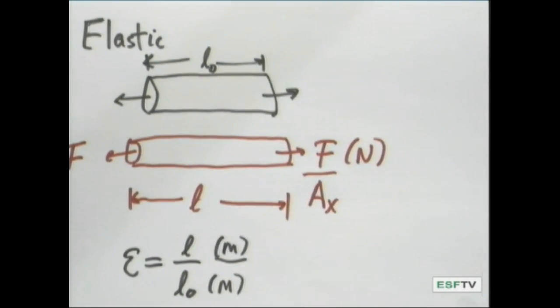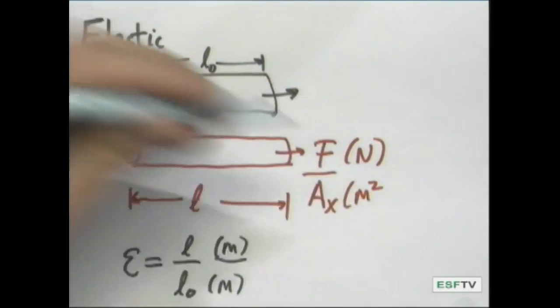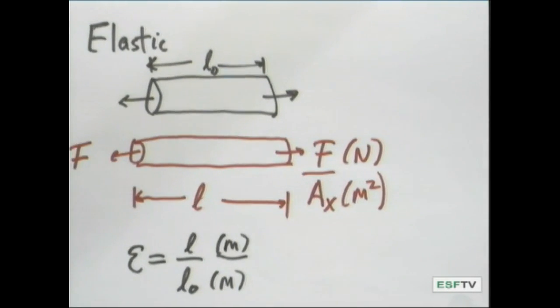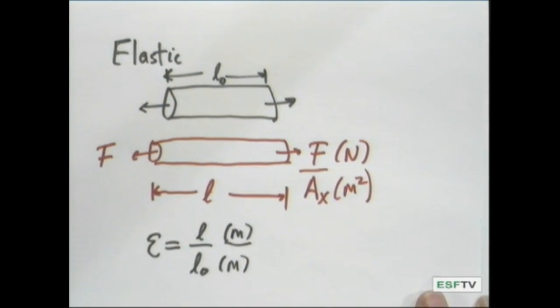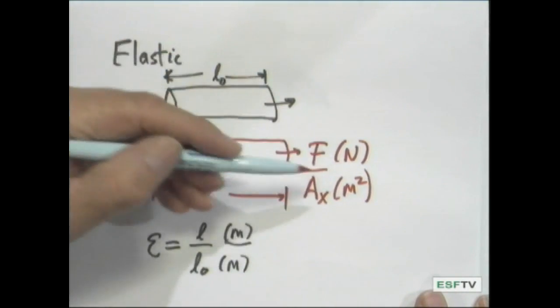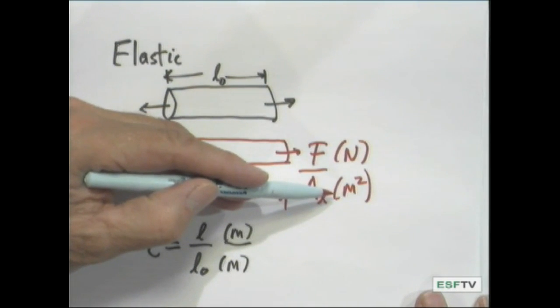And we see here kind of an interesting thing. This has units of meters squared. If you look at what the units of this force are, then this is actually equivalent to a pressure. A pressure is a force acting over a certain area.